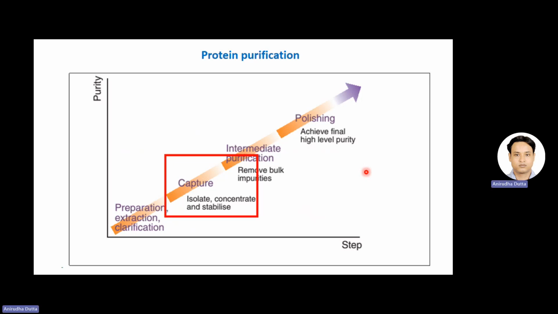But for protein that is from a natural source, which doesn't have any recombinant tag or affinity tag on it, how are we going to capture those proteins in our purification steps? Okay, so for that, what we normally do is an ammonium sulfate precipitation, or it's called salting out. So remember, this is a capturing step.